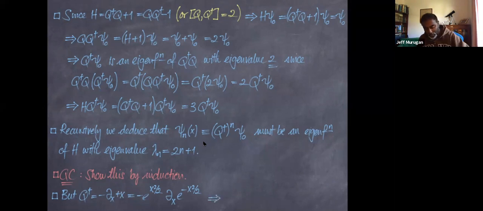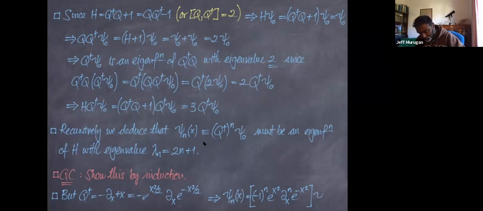Well, what this means is that the psi n of x that we wrote down can be written as minus 1 to the n, e to the x squared times the nth derivative of e to the minus x squared, times psi naught.